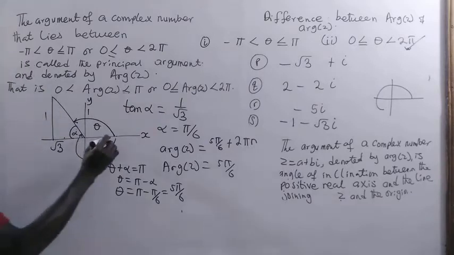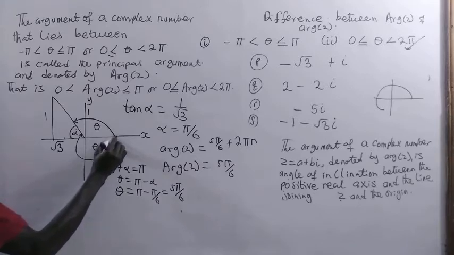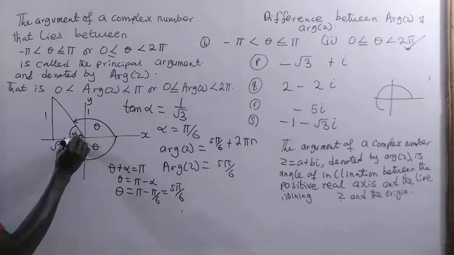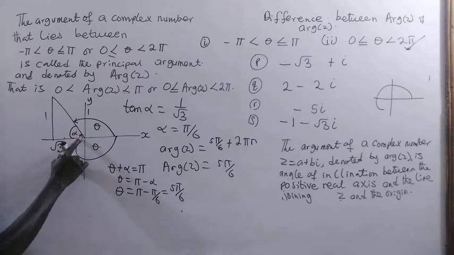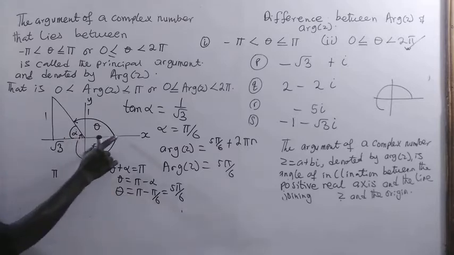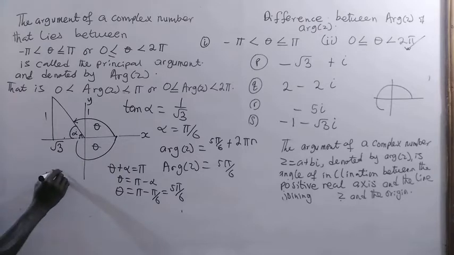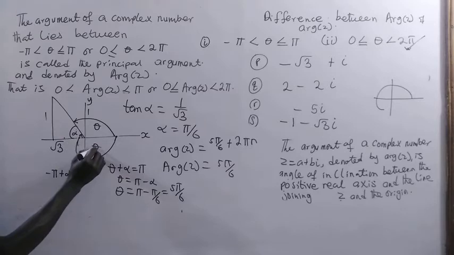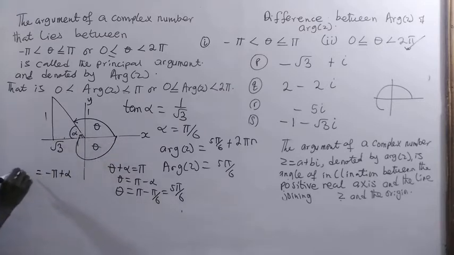Now if you are to deal with this interval, that's what we do. If we measure from here to here, we've measured pi. From here to here is pi. But once we finish our measurement, we've measured it in the clockwise direction, so it is negative pi plus alpha that will give us theta, because theta is from here to the line.